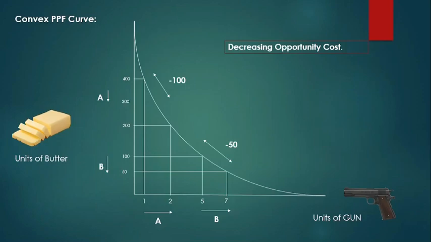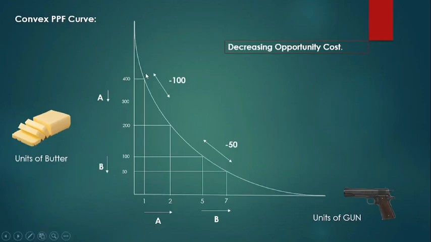Here we can see that there are also two trade-offs, A and B. At point A, to produce 1 extra unit of gun from 1 to 2, the producer has to sacrifice 100 units of butter, and at point B, if the producer wants to produce extra units of gun from 5 to 6, the producer has to sacrifice 50 units of butter.